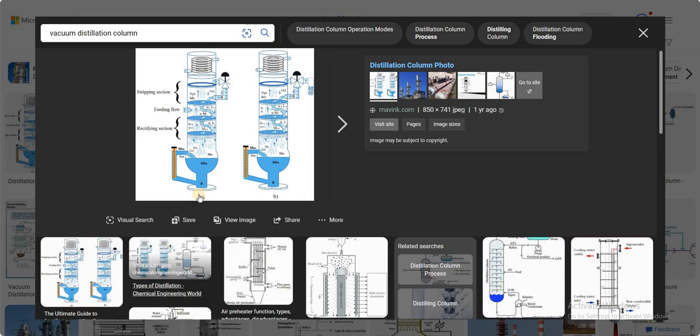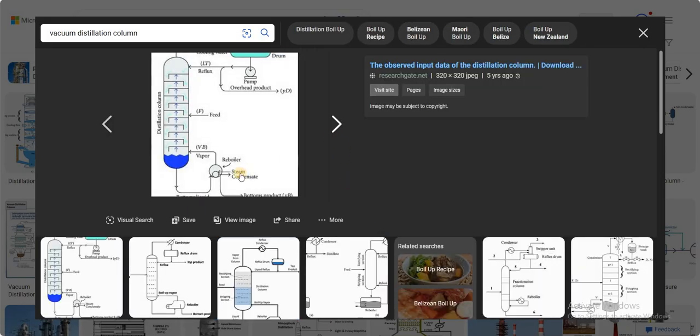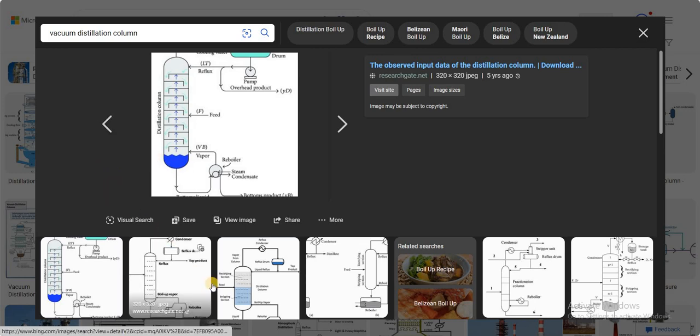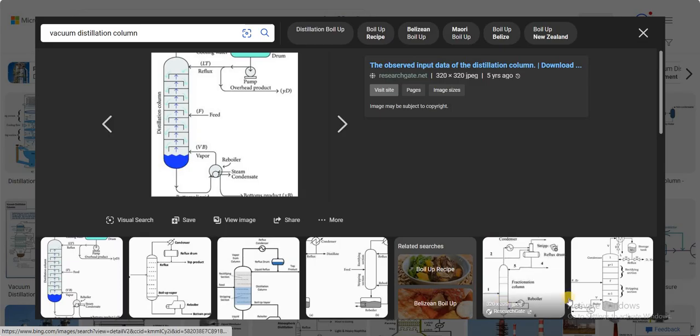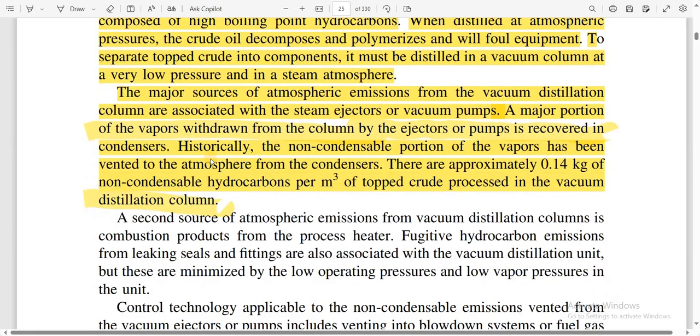And the bottom part is crude oil, if we are talking about petroleum products. So I think you have understood how it works, so let's learn more about it.